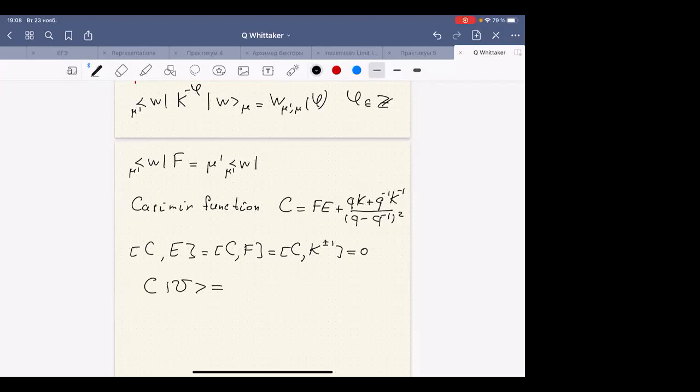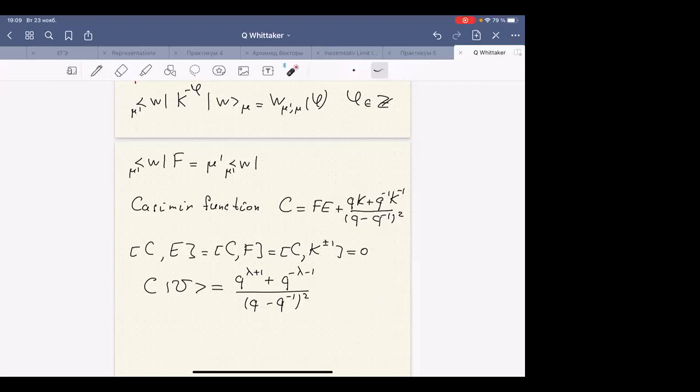And this acts by 0, and so this is, no, it's not a K number.